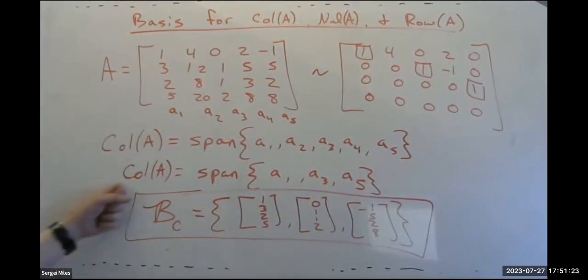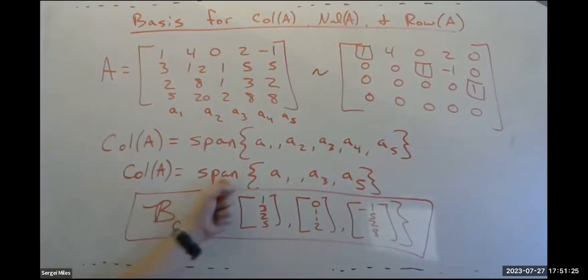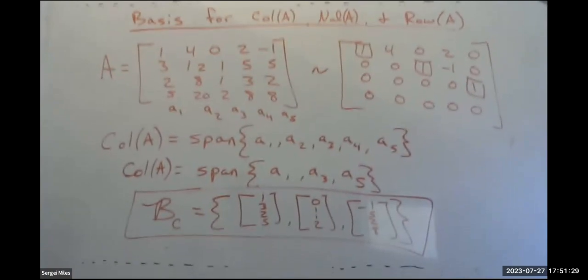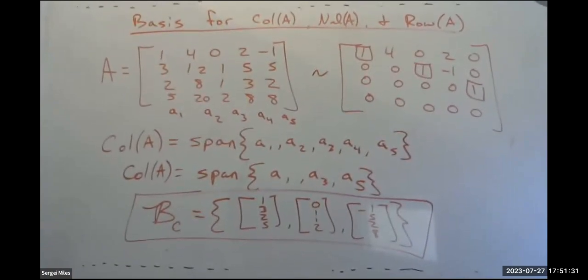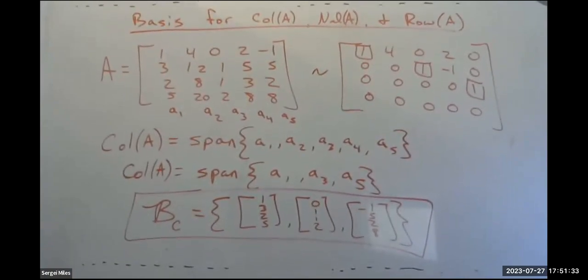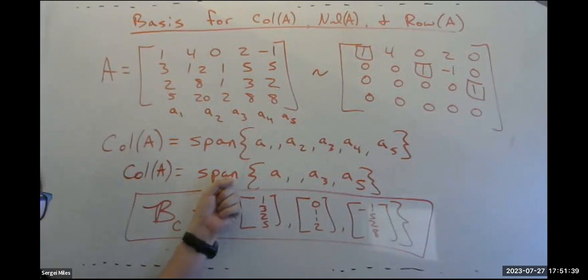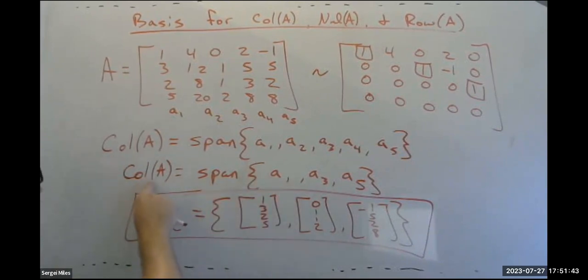Now, a couple things I want to highlight here. One, the column space is the span of a set of vectors, right? And remember, span is a set of all possible linear combinations, which means this column space is an infinite set. It's a spanning set. This is an infinite thing. The column space is the span of something.